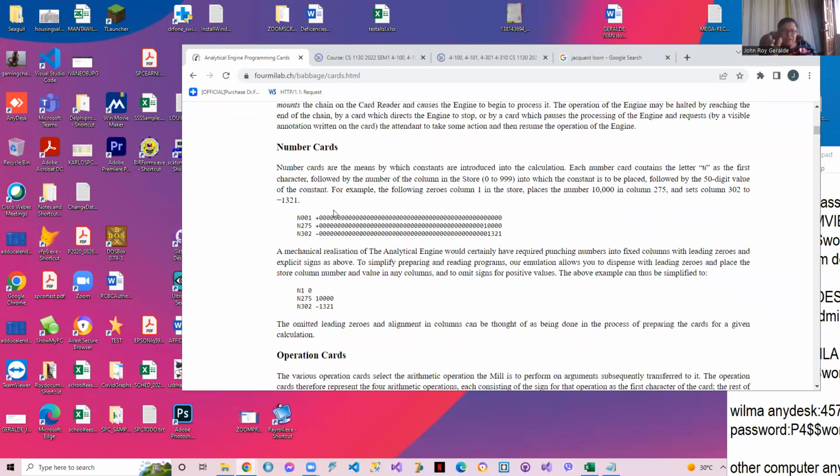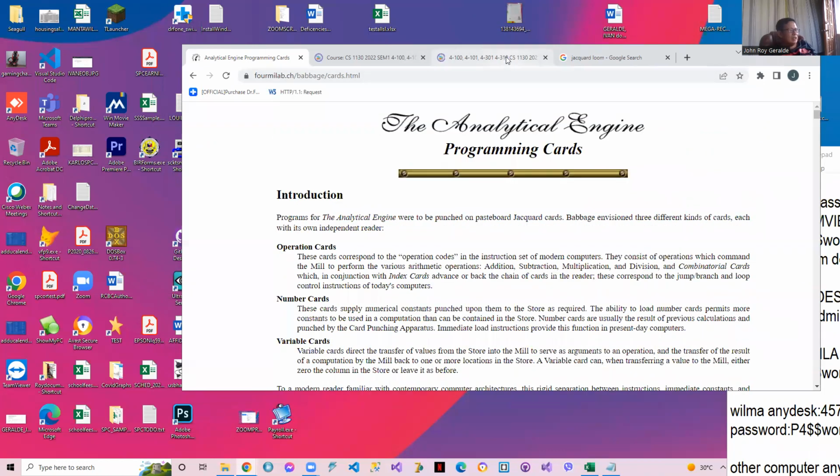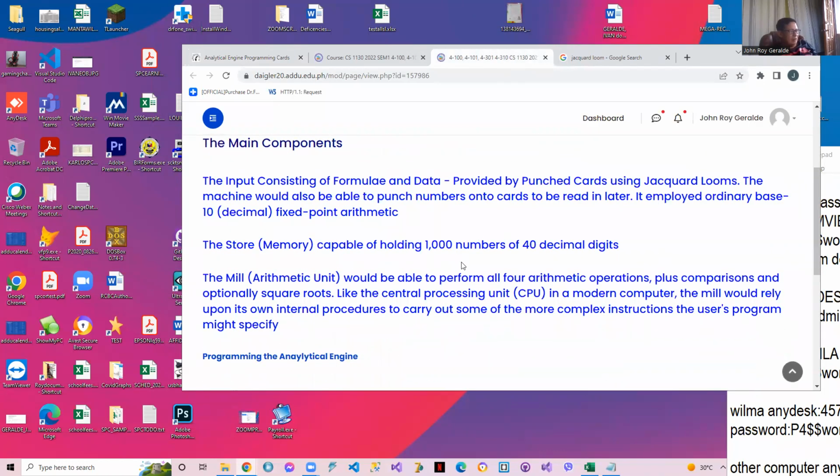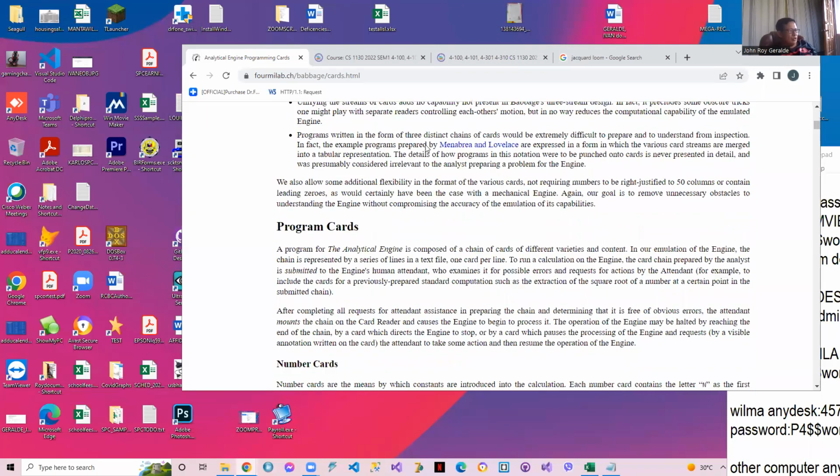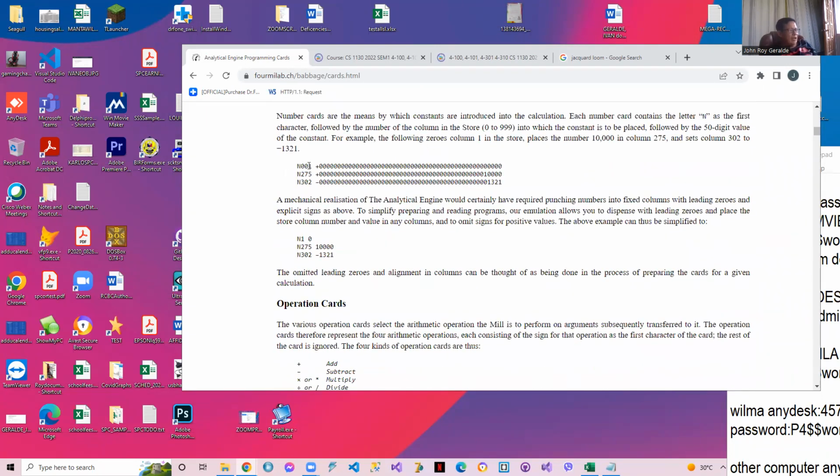The store holds 1,000 numbers of 40 decimal digits, so there are 1,000 columns. When you say N001, this loads a value of 0 to the first column, because the columns are labeled 0 to 999, since counting starts at 0.